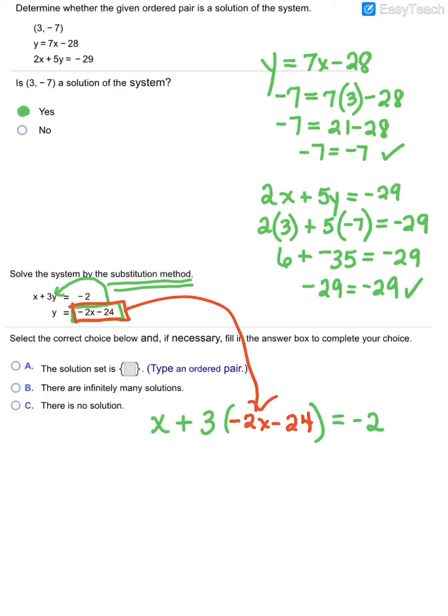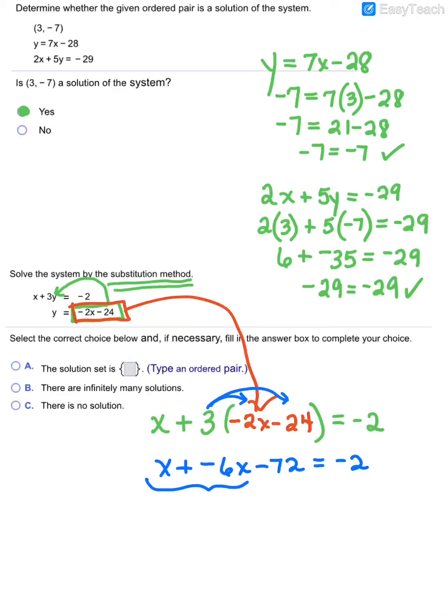And from there, I simply solve for my x. So x plus, if we distribute here, 3 times negative 2x is negative 6x. 3 times negative 24 is going to be a negative 72. And then that's equal to negative 2.